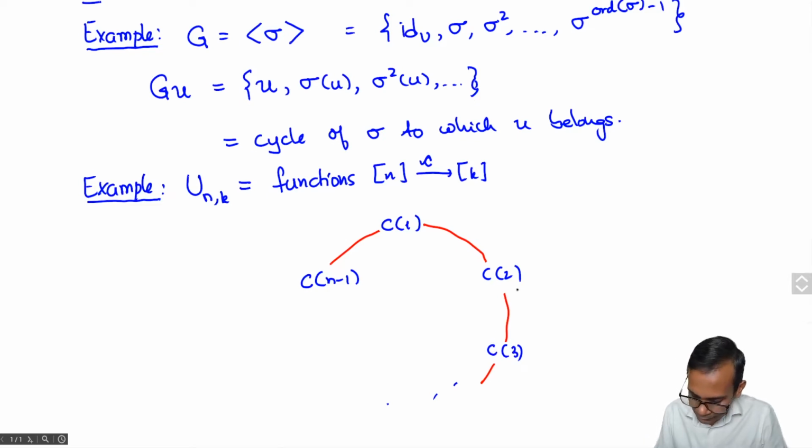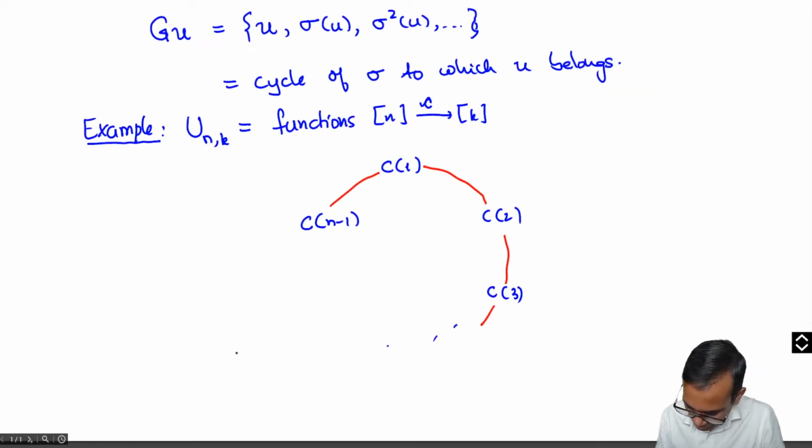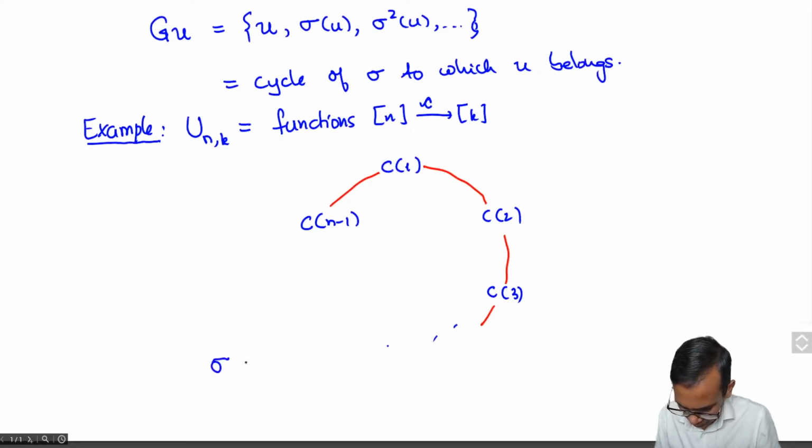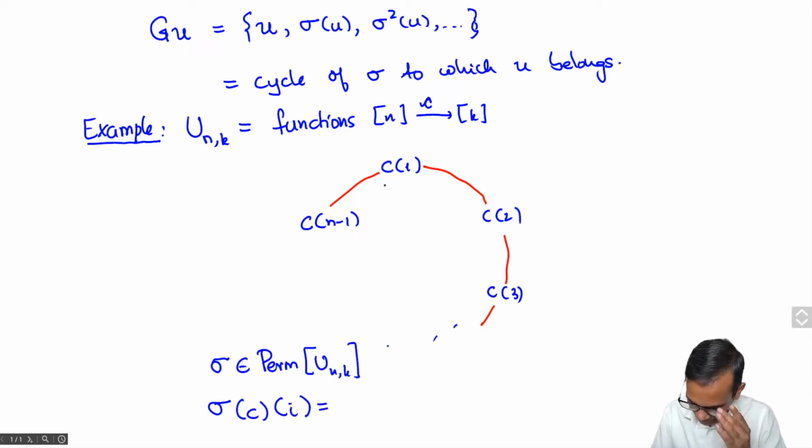So this is a finite set, and I'll define an element G, let's call it sigma, belonging to Perm of U. What does it do to a color? Sigma of C at I: it will take these colors and shift them, rotate them.